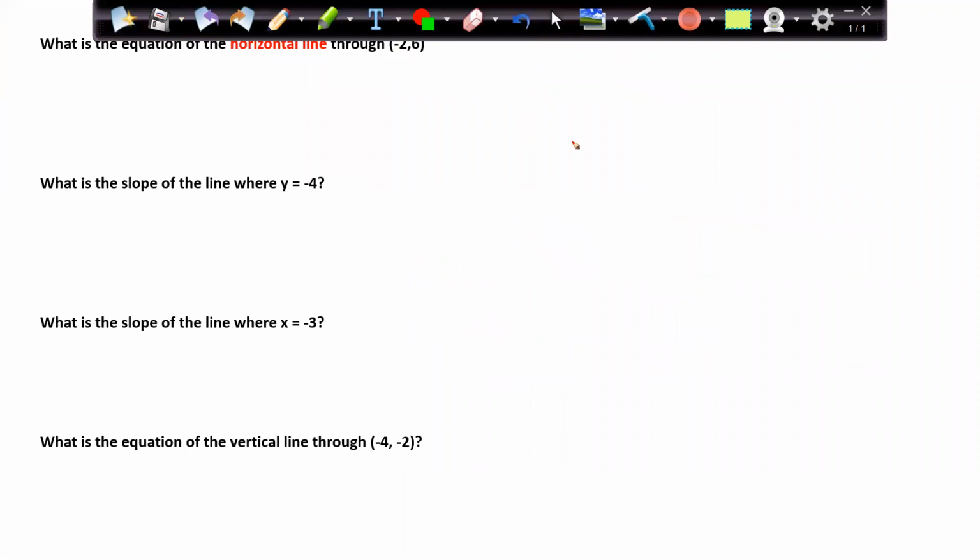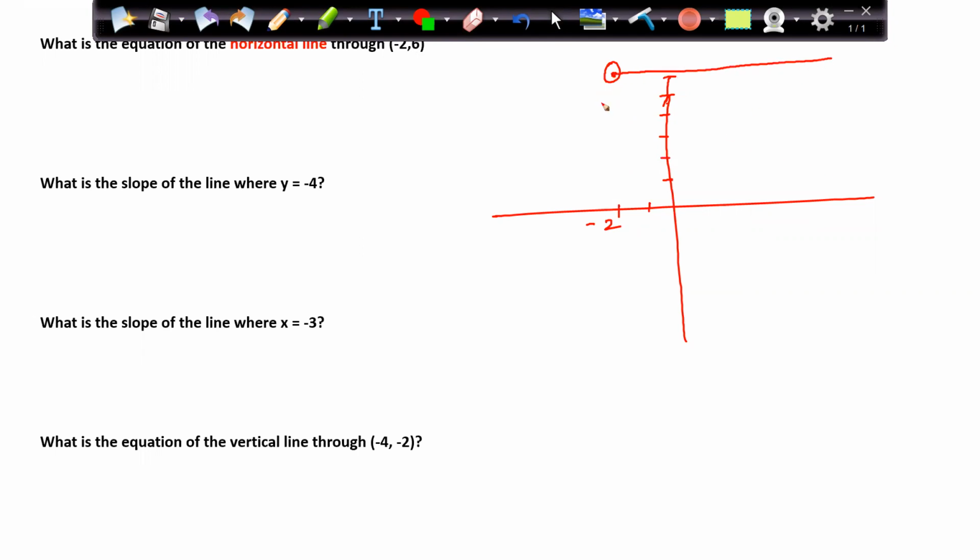Let's try to create a line. So I have this coordinate -1, -2, this is -2, and my y is 1 2 3 4 5 6. -2, 6 is somewhere here, and I want to generate a horizontal line basically. So this is my line, right?